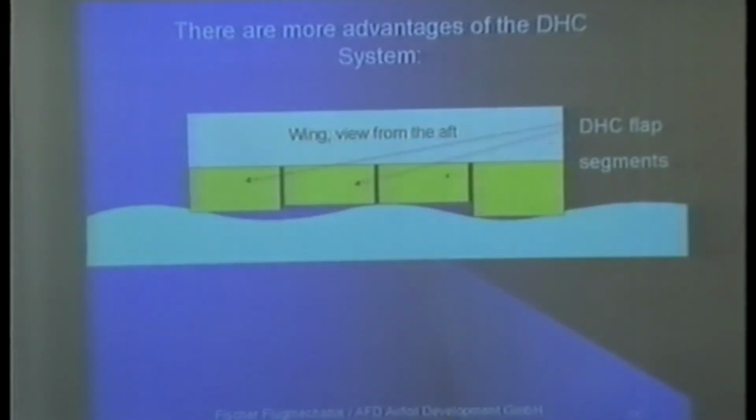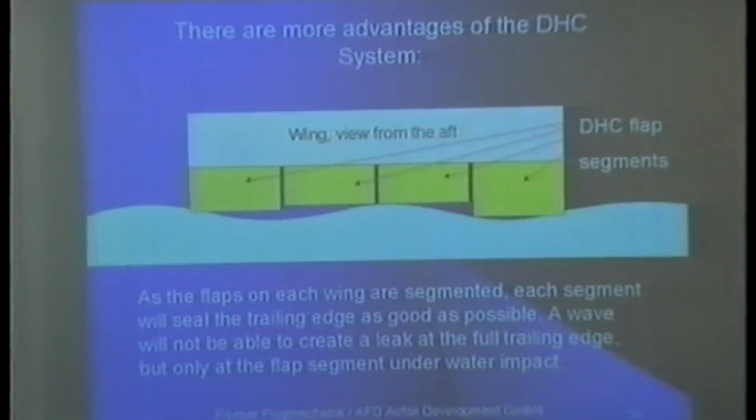And also when you flow in the other direction, you are also able to compensate when you go in yaw. It fills the gaps all the time. You see, this is the view from the rear side. So you have a constant gap to the water, also under wave conditions.